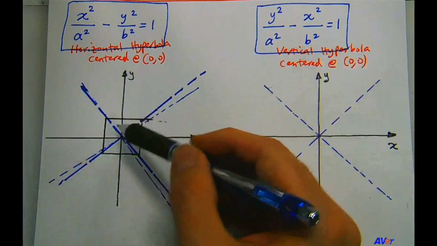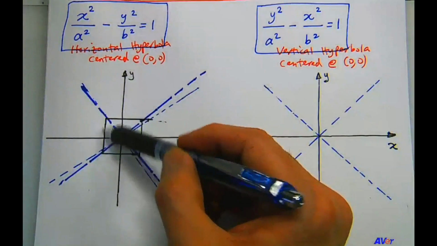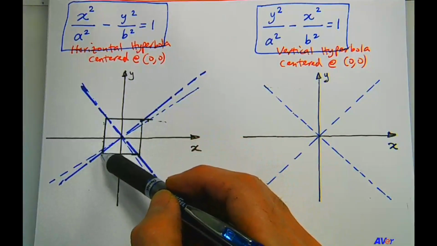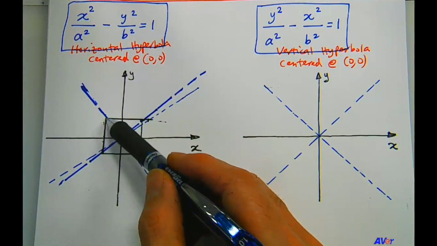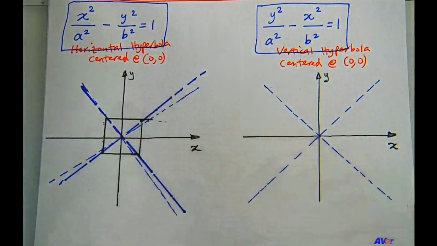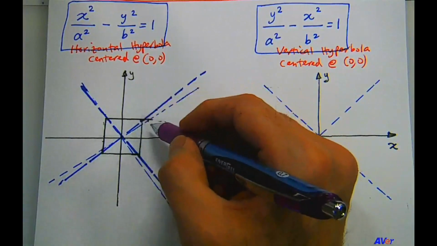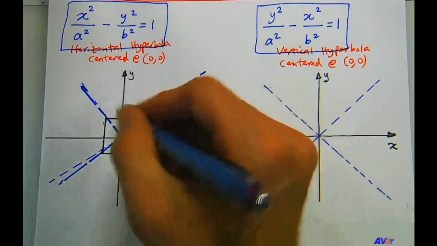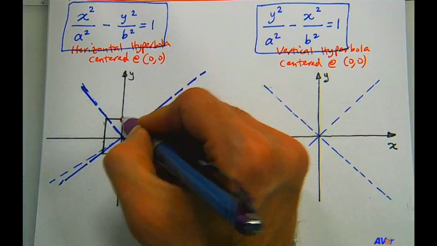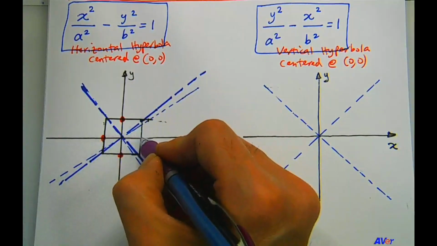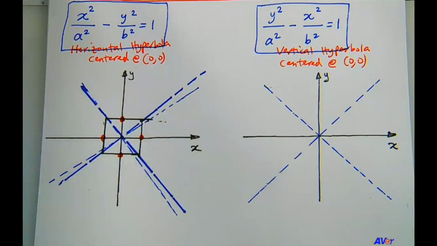So these points should be equal distance from the horizontal axis. From here to here and here to here should be equal. That's why I say that I should do a better job of drawing these symmetrically. But my point of drawing this is to show you where A and B are with respect to this, what we call central box.